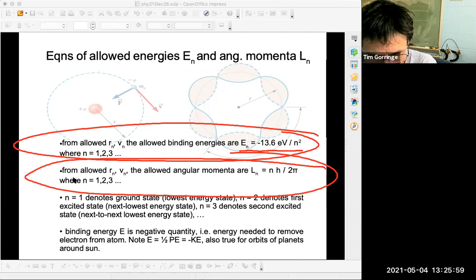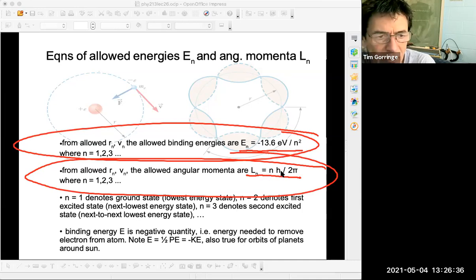In addition, there are allowed values of angular momentum. So remember, the angular momentum was also dictated by what values of r and v are allowed. And here's the equation for the angular momentum. The values of angular momentum, L subscript n, so the L1, L2, L3, and so forth, had the values of Planck's constant over 2 pi times n.